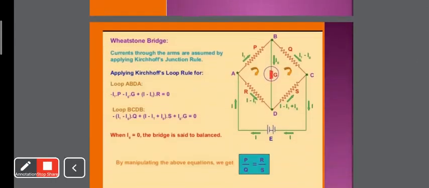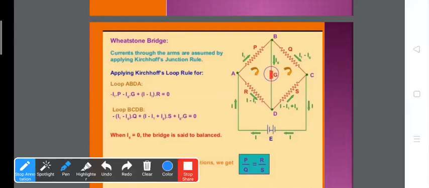Wheatstone bridge is a network which consists of four resistances forming a quadrilateral, and it can be used to determine the resistance of a conductor, right? So this is the diagram of Wheatstone bridge. In this, P, Q, R and S are four resistances forming a quadrilateral A, B, C, D, right?